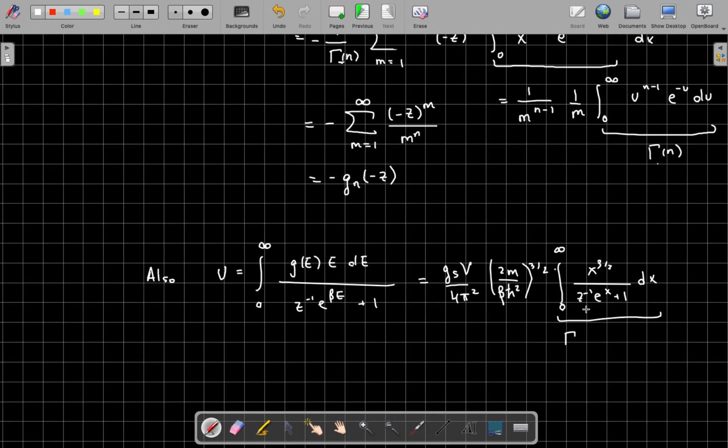This is equal to gamma of 5 halves f of 5/2 Z. And you can do the same thing of using the definition of the thermal wavelength, and the end result is that U is equal to 3 GS V over 2 beta times the thermal wavelength cubed f of 5/2 Z.